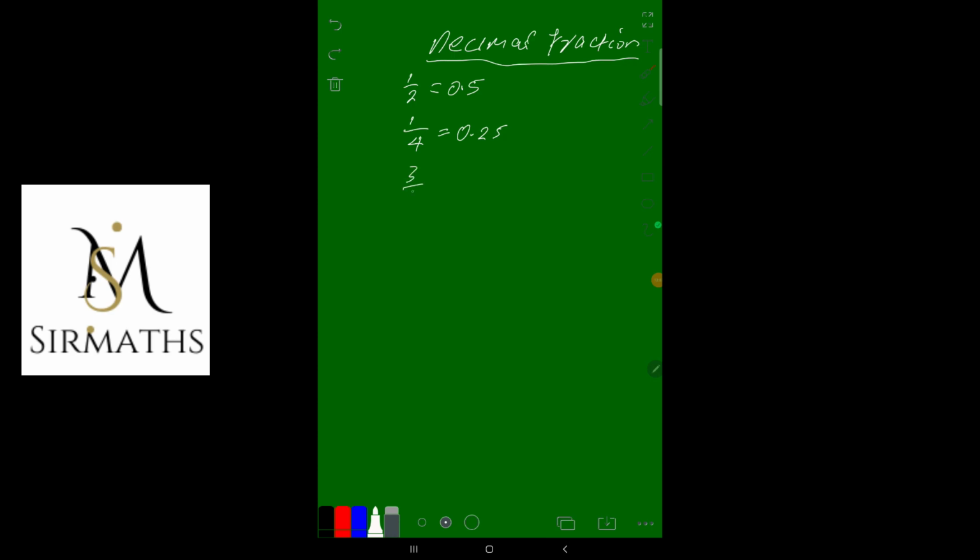And 3 over 4 is equal to 0.75. So these fractions have been expressed in decimal form. We call all these decimal fractions. That is the 0.5 for 1 over 2, the 0.25 for 1 over 4, and 0.75 for 3 over 4. These are the types of fractions.